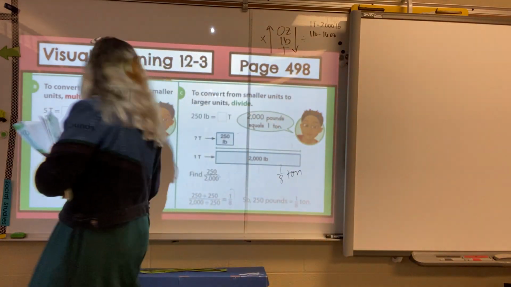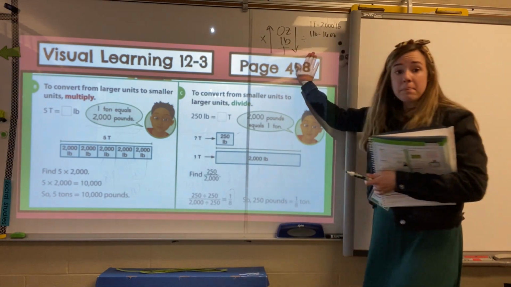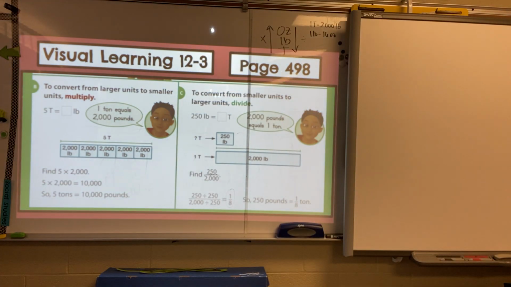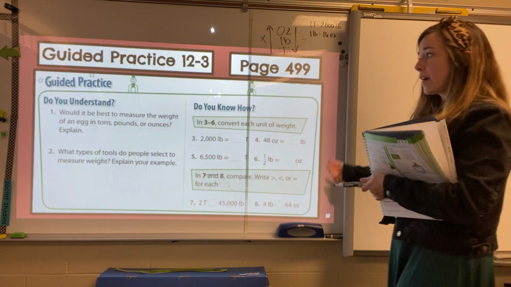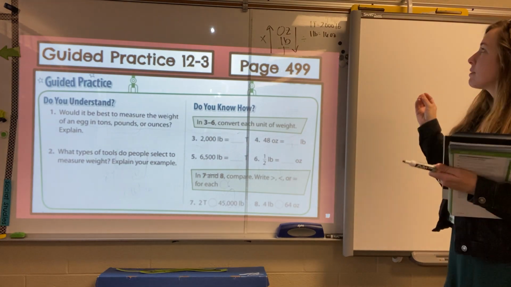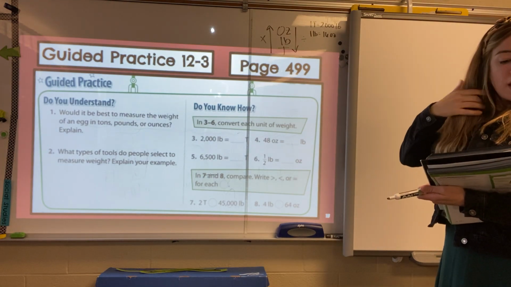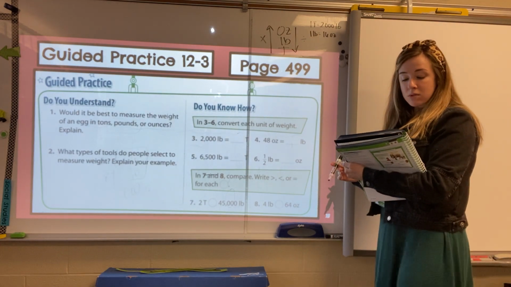Okay, let's take a peek at some of our guided practice problems. I'm going to leave my little keys up here because it's helpful for me to be able to see if I'm going to multiply or divide, and how many ounces are in a pound and pounds in a ton. Okay, so would it be best to measure the weight of an egg in tons, pounds, or ounces?